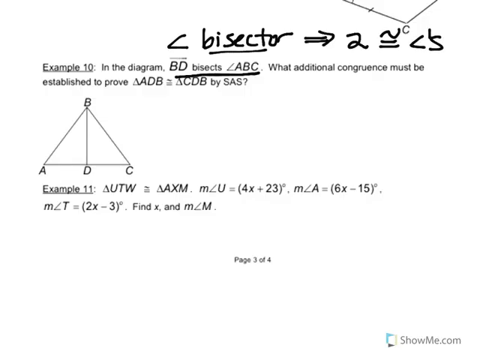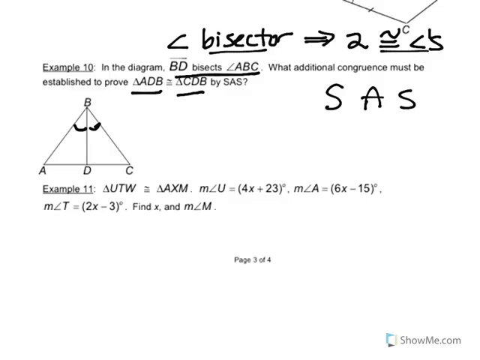Okay, so what additional congruence must be established to prove that this triangle is congruent to this triangle using side, angle, side? Well, let's see here. If this line segment BD bisects angle ABC, we know that this angle is congruent with this angle, definition of an angle bisector.